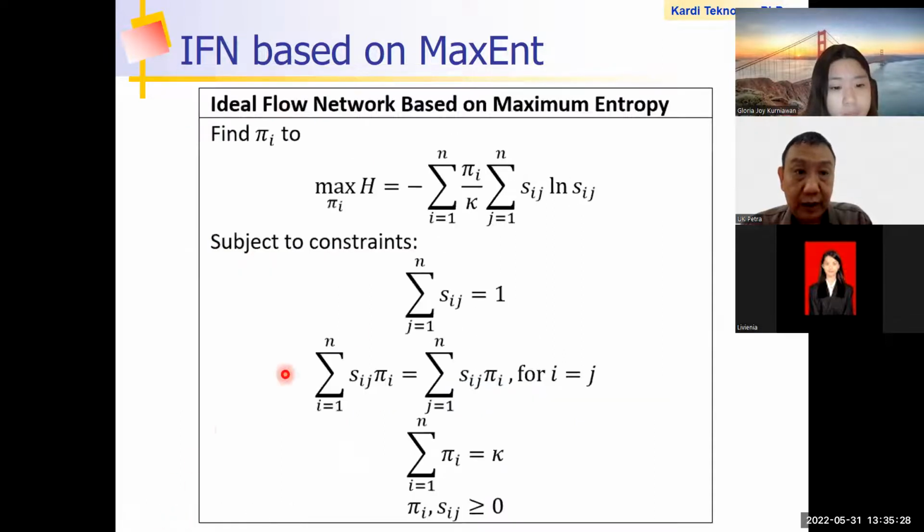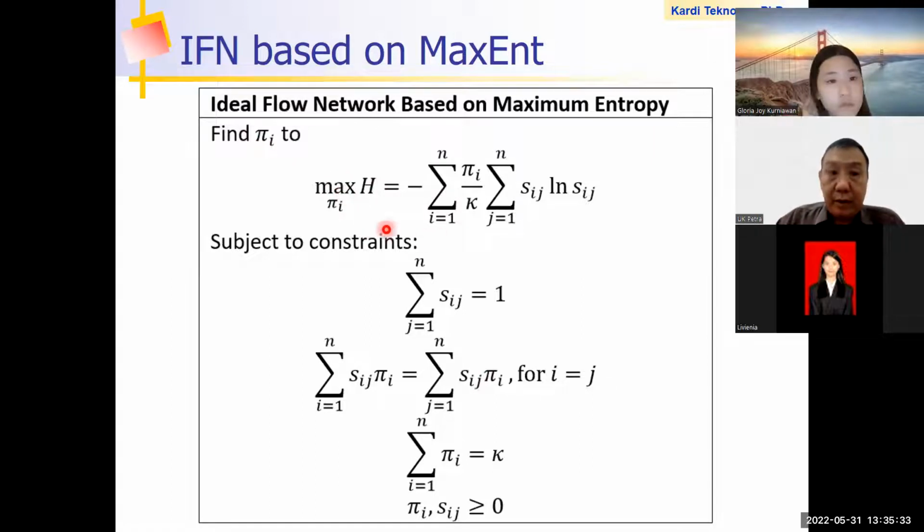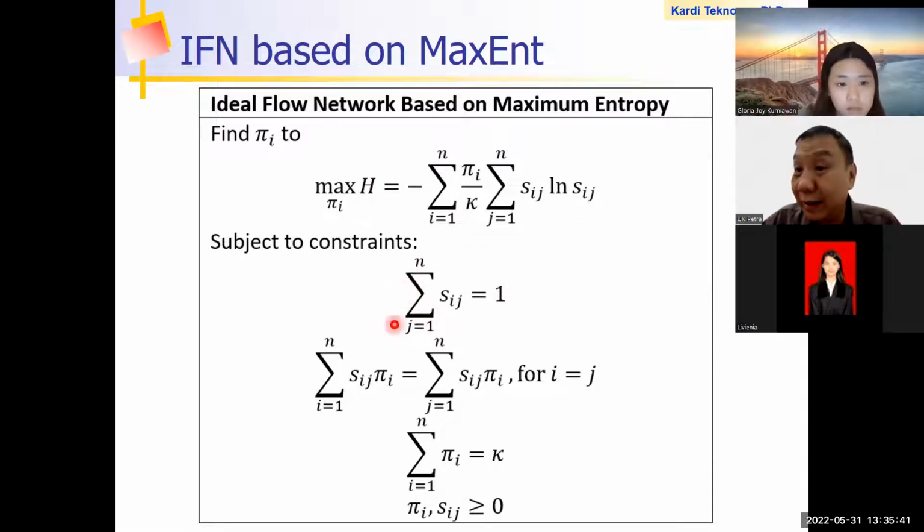So here we want to find the phi i, maximizing the entropy, subject to the constraint that of course it must be stochastic, and then this must be premagic. So S tan phi, S tan phi must be premagic, and then the total flow must be kappa. This is the one that we set as parameter. Kappa is up to you to decide.